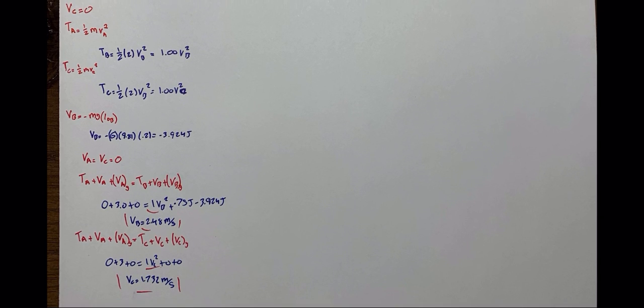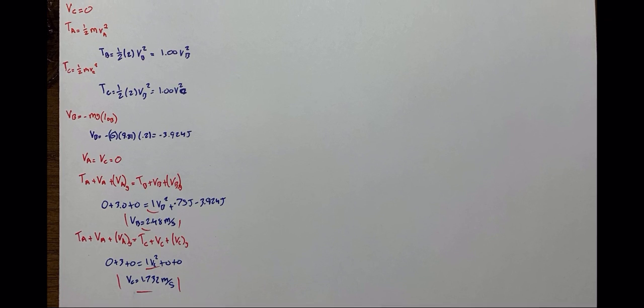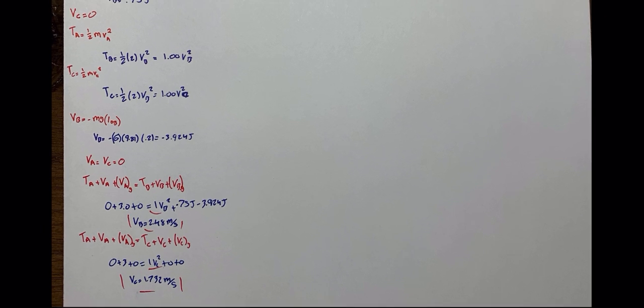And knowing that TA plus VA plus VAG is equal to TB plus VB plus VBG, we can plug in our knowns. We get that VB is 2.48 meters per second. And using a similar method, we can find that VC is equal to 1.732 meters per second.